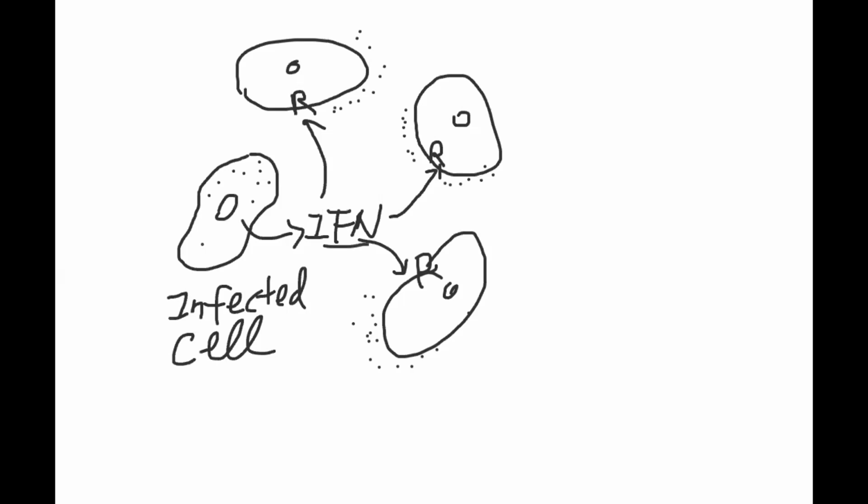The interferons can only protect the non-infected cells. This one is already infected, so you cannot do anything. The interferon cannot help cell A, but it can help cells B, C, and D because they're non-infected. By having interferon released from cell A, it can bind to the receptors on the surrounding cells and make them more resistant to the viruses around. That's how interferon works.